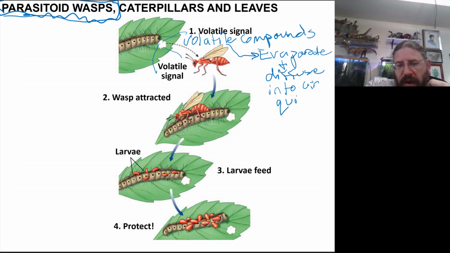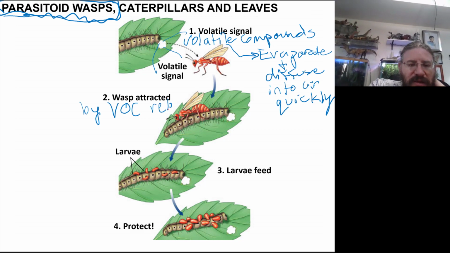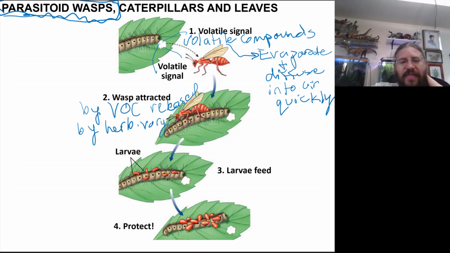So parasitoid wasps follow the volatile compounds back to the leaves. The wasp is attracted by the volatile organic compounds released when the caterpillar eats. And that allows them to find a host.